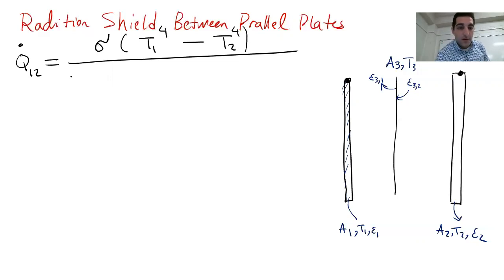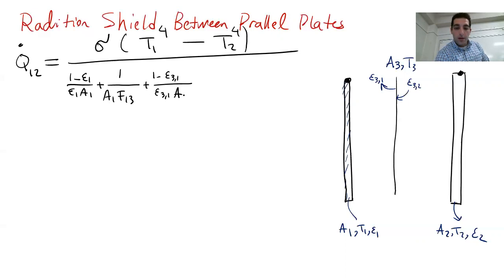One of them is emissivity resistance of surface 1, so (1 minus epsilon 1) divided by (epsilon 1 A1). Another one is the view factor resistance between the surface 1 and the left-hand side of the shield, which is 1 over A1 F13. The other is the surface resistance of the left-hand side of the shield, (1 minus epsilon 3,1) divided by (epsilon 3,1 A3).